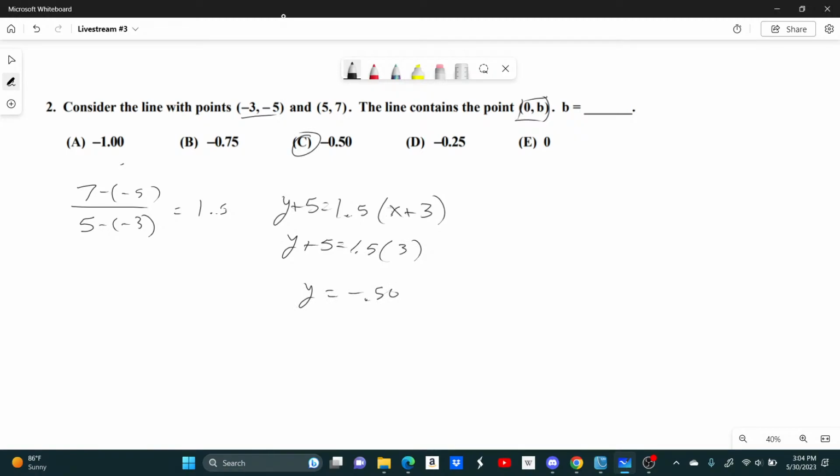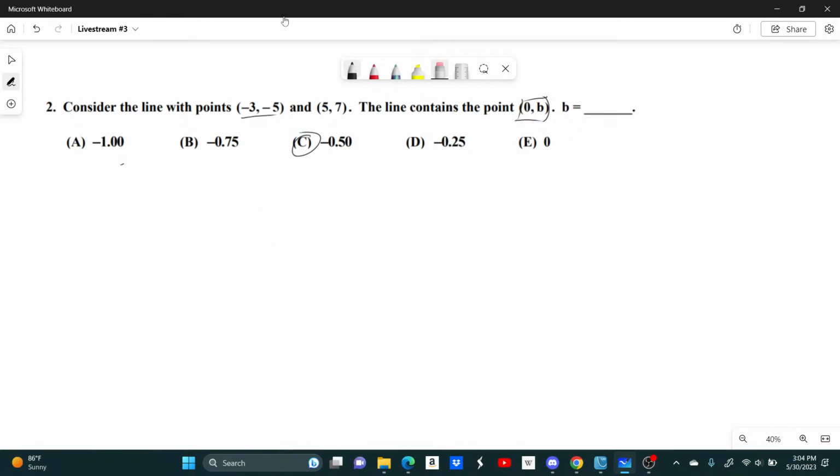The other way you could do this that I kind of like is you can take advantage of the fact that this is linear. And I know we kind of did that, but this is what I mean. So going from -3 to 5, that's x. Your x is increasing by 8. And between those 2 points, your y's are increasing by 12.